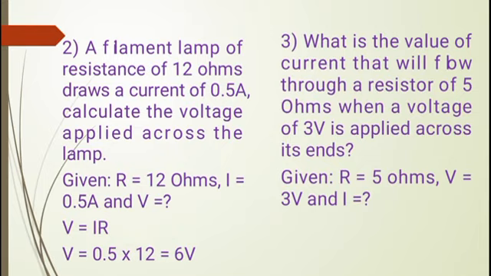We have to look for the current using Ohm's law, I equal to V over R, and substituting the values of voltage and resistance into that equation, we have I equal to 3 divided by 5, and that is equal to 0.6 ampere.